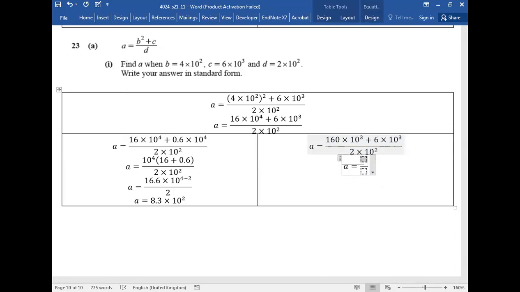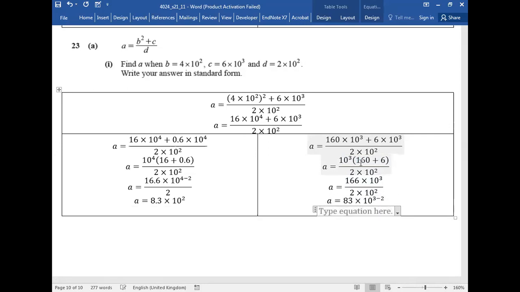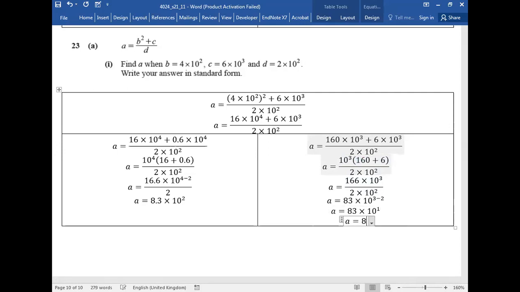Now you can take exponent 3 as common and you're left with 160 plus 6 upon 2 exponent 2, and a is 166 exponent 3 upon 2 exponent 2. So a is 83 exponent 3 minus 2. So that is 83 exponent 1. Now it is not a standard form, so reducing the number and increasing the exponent, get the same answer. Is this clear?